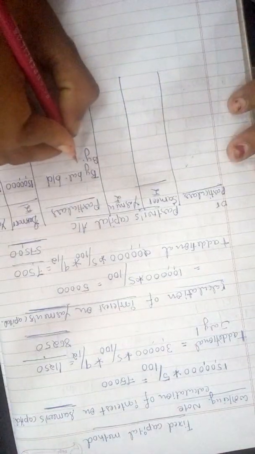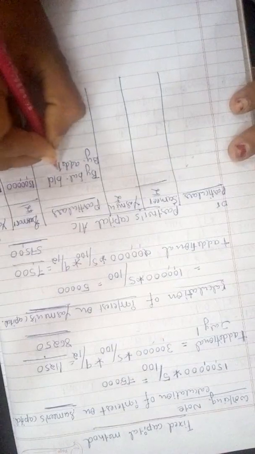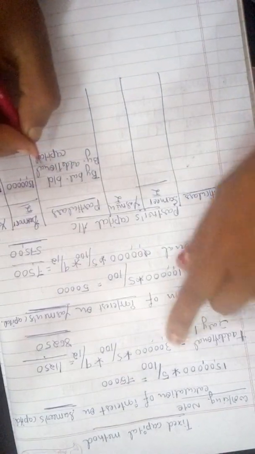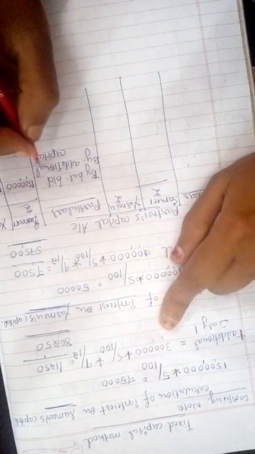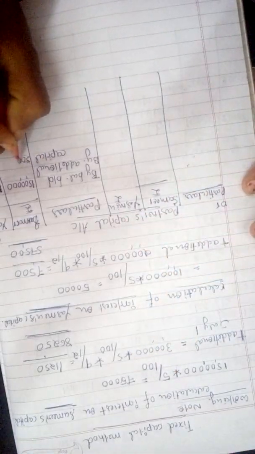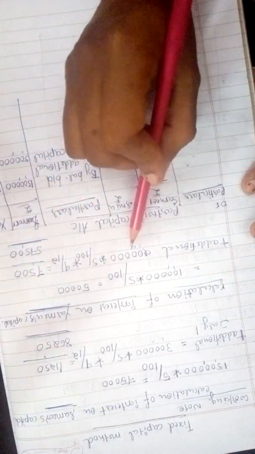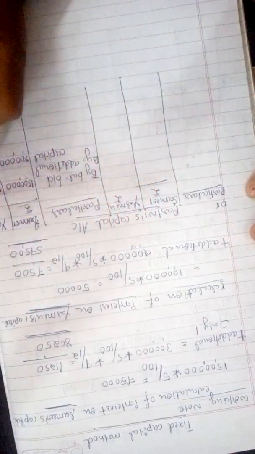So here, by additional capital. What is the amount of additional capital? This one is of Samir, 3 lakh is the additional. And Yasmin's additional is 2 lakh.